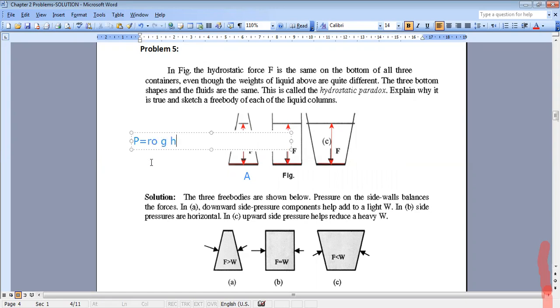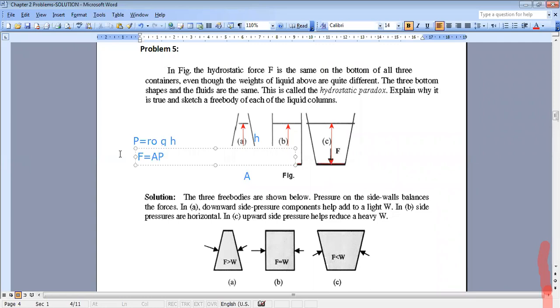Since we have the same fluid in the three containers, rho is the same, and we have the same height of fluid, therefore we are exerting the same pressure on the bottom surface. And since the area is the same for the three surfaces, then the total force F exerted by the fluid on the surface is equal simply to the area times the pressure.